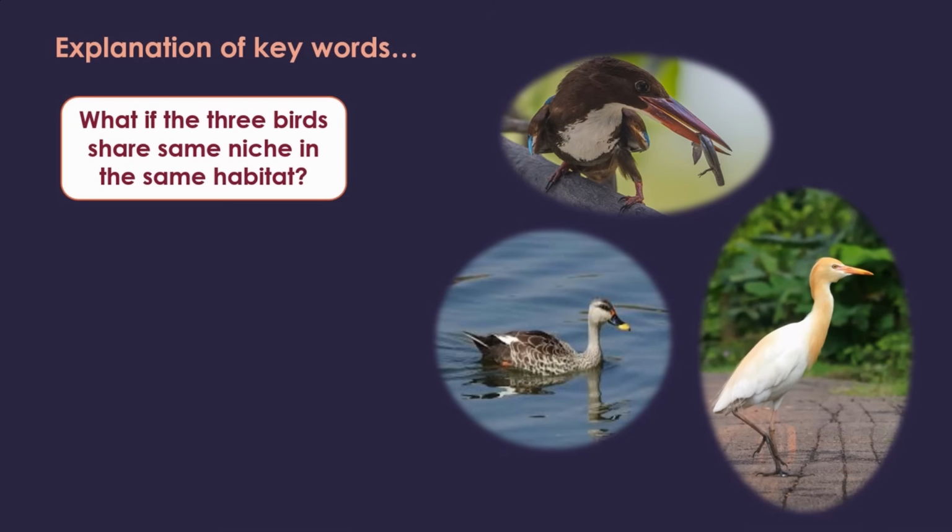Some of them are bottom feeders and two of them are surface feeders. Though both of them are surface feeders, the spot-billed duck's preferred food is vegetation, but the kingfisher prefers to eat fish. So their feeding habits are completely different.